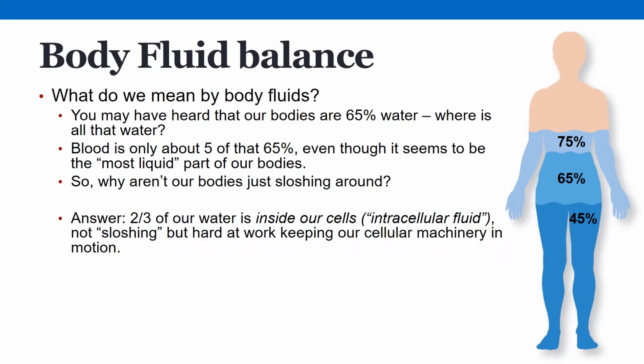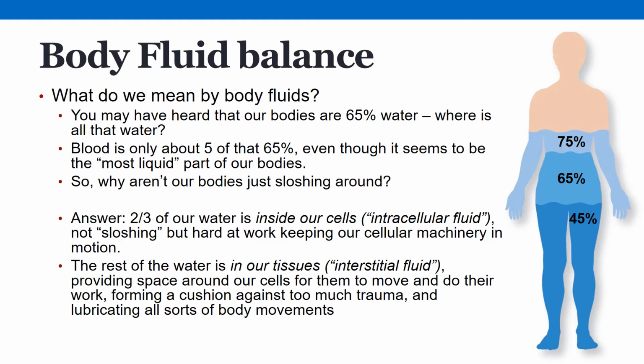The answer is that 2/3 of our water is actually inside our cells. Not only not sloshing around, but actually hard at work keeping our cellular machinery in motion. We're not going to spend a lot of time talking about that water today because your cells do a very good job of maintaining their internal environment by themselves. The rest of the water is in our tissues, something we call interstitial fluid.